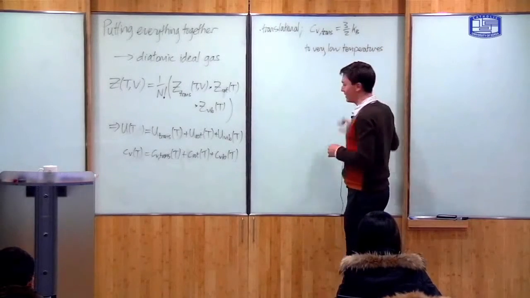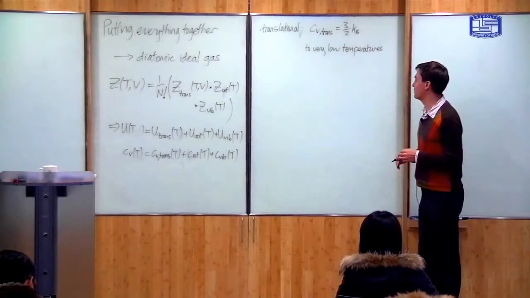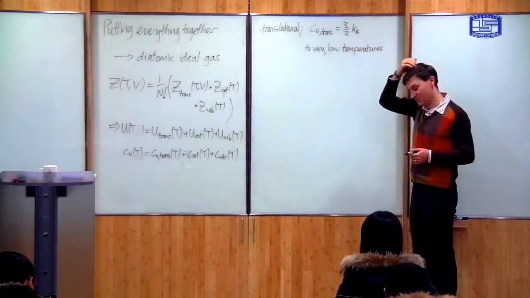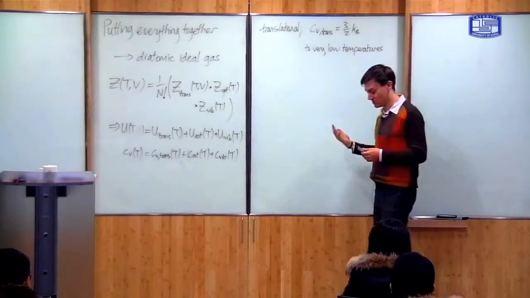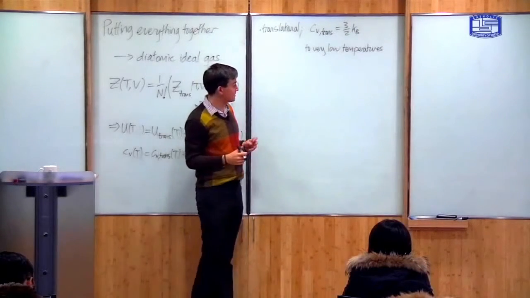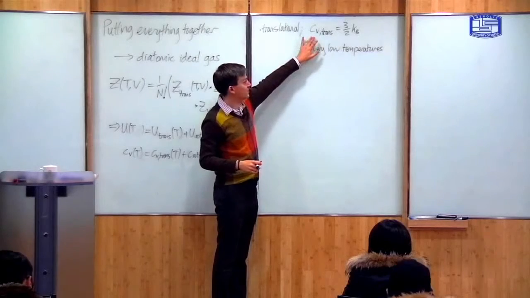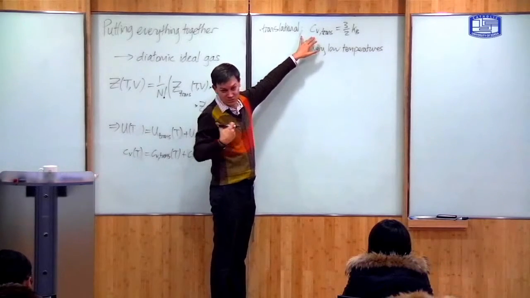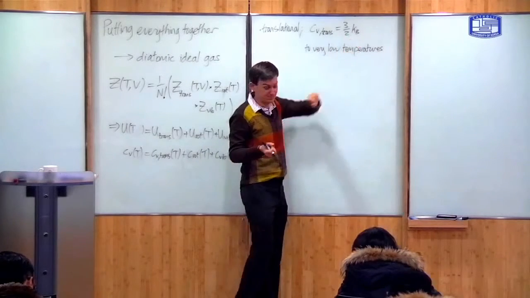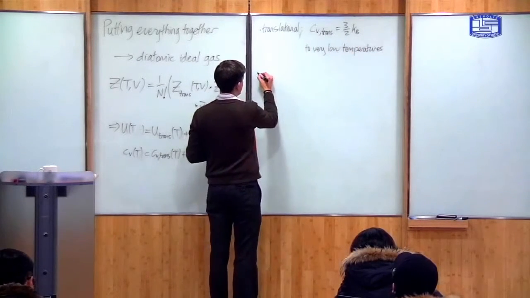If you go really, really cold, like to millikelvin ranges, then this is no longer true. But what happens depends upon whether the particles are bosons or fermions, so I will ignore that for now. Next semester, in next semester's class, we're going to look at what happens when you go to really, really cold temperatures. But for now, you can just assume that this is more or less a constant. So that's the translational part.